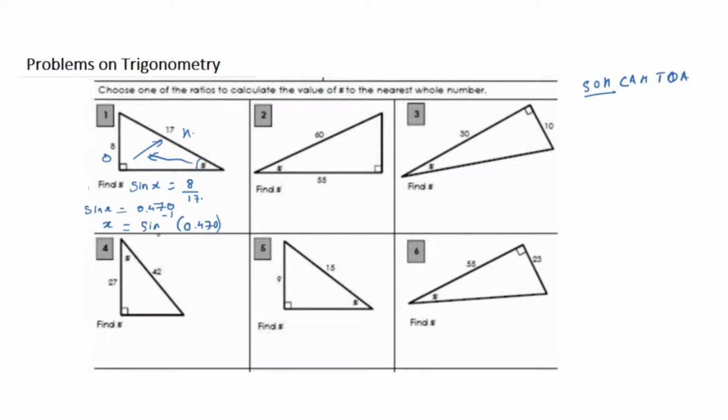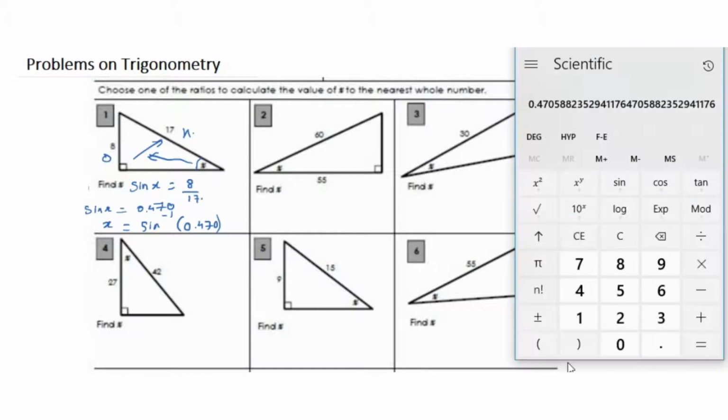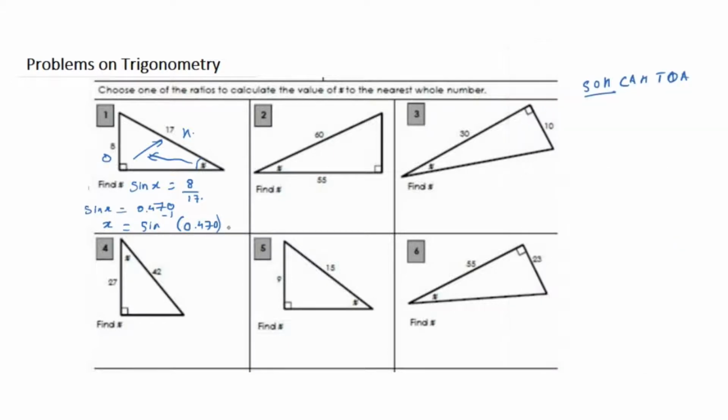This only means that this is the inverse of sine. So we need to find the inverse of sine, which is there in the calculator also. So this is the value that we had. We press the shift key on the calculator and we get the inverse function. So we've got the sine inverse, which gives us 28.07. So rounding off to the nearest whole number, that gives us 28 degrees.